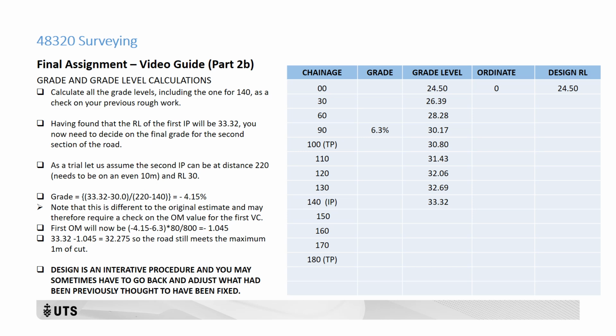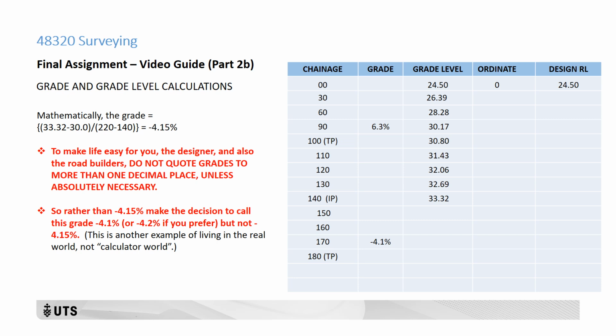Now this is different to what we had before. So you need to go back and recalculate your first OM just to make sure that the road will still fit inside the maximum 1 metre cut. And sometimes this happens, that design is an iterative procedure. You start doing some calculations, make some decisions. Sometimes you've got to go back and make some adjustments.